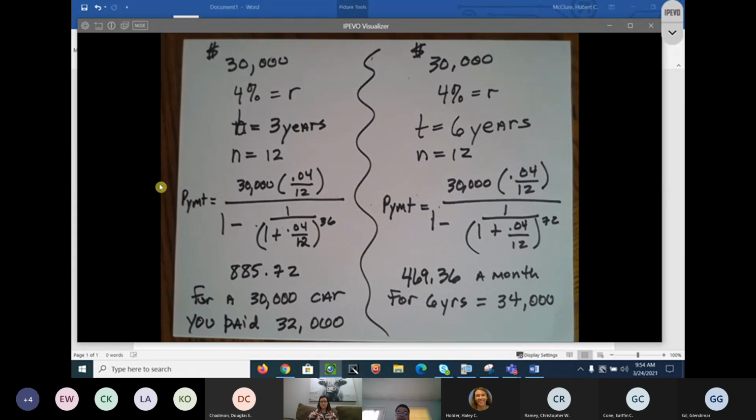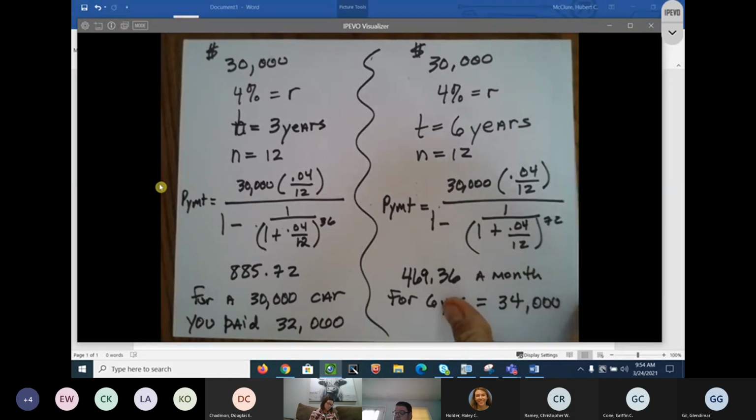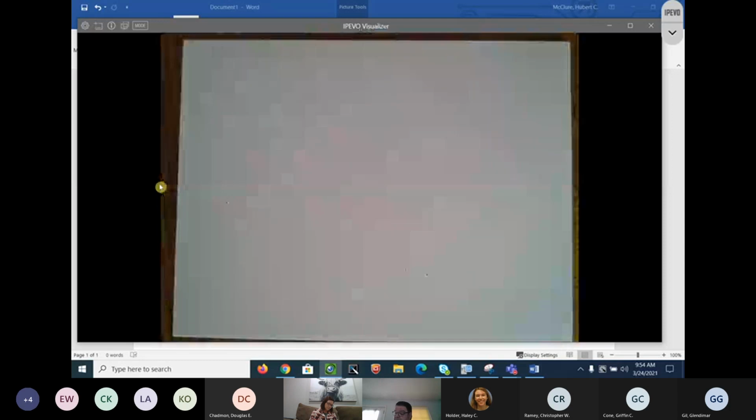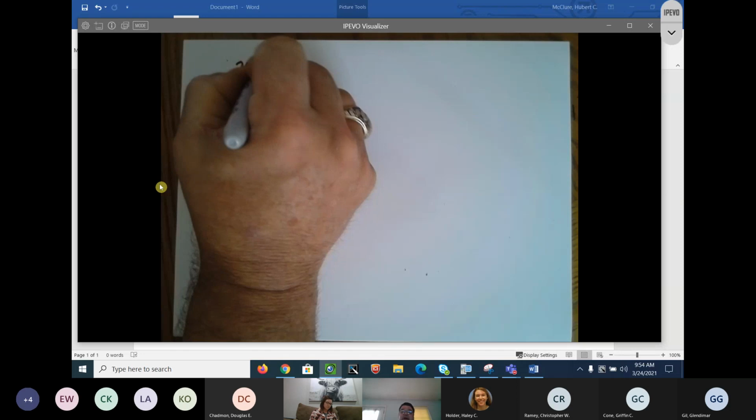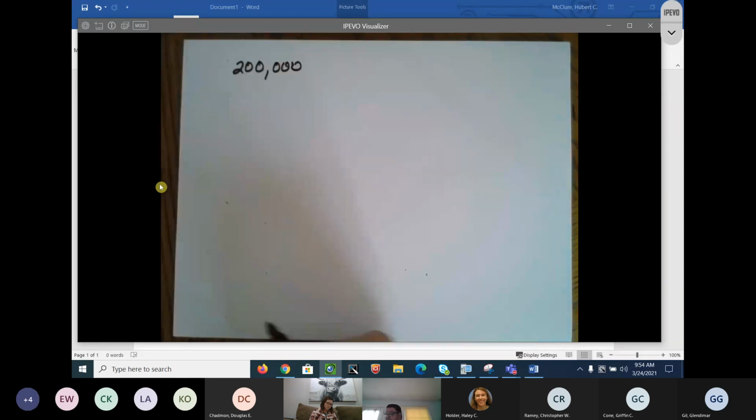Now let's do a house. Let's go with a $200,000 house. Used to be a $200,000 house was a mansion. Have y'all seen lumber prices lately?